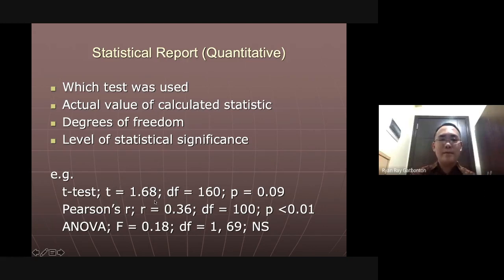In t-test, you also determine the degree of freedom, and the p-value or the level of statistical significance. This value is greater than 0.05. So therefore, it can be deduced na non-significant yung results.